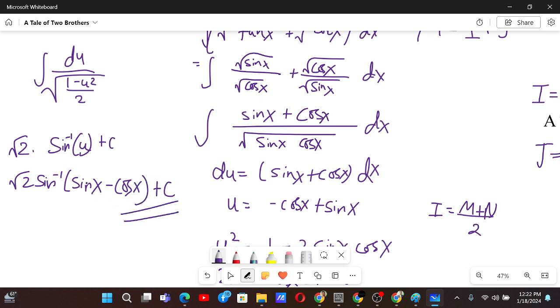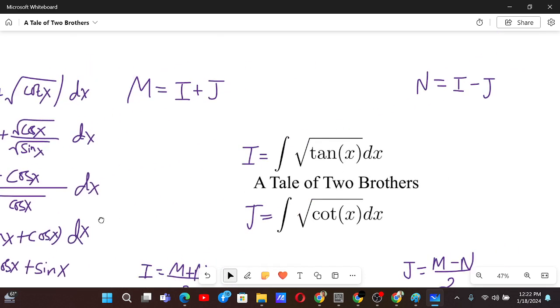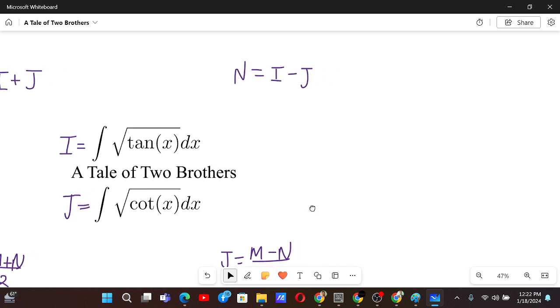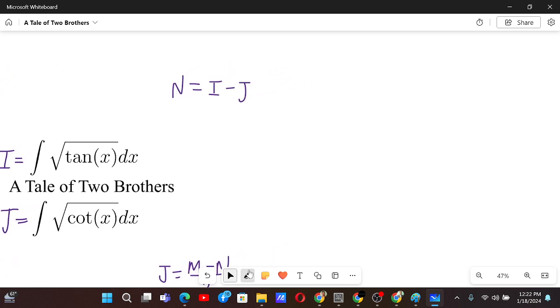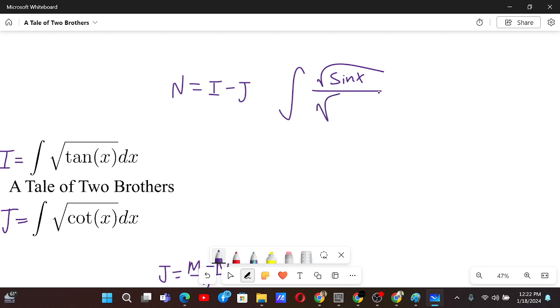Now we have solved this. Now let's solve the other part, which is I minus J. This one is also similar, it is not different, so you can try on your own as well. Root sin x by root cos x minus root cos x by root sin x, and then dx.